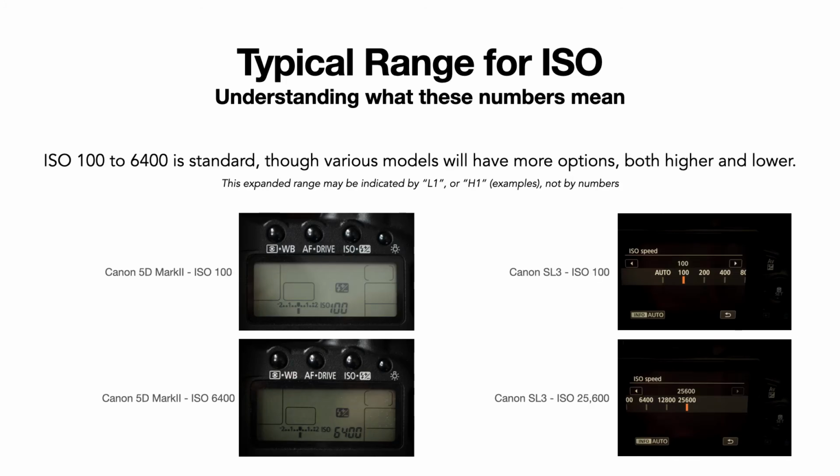ISO 100 to 6400 is fairly standard as a starting range for a camera's ISO. Expanded low ISO range might include ISO 50. An expanded high ISO range might go as high as ISO 25600. Learn and remember what range your camera offers.